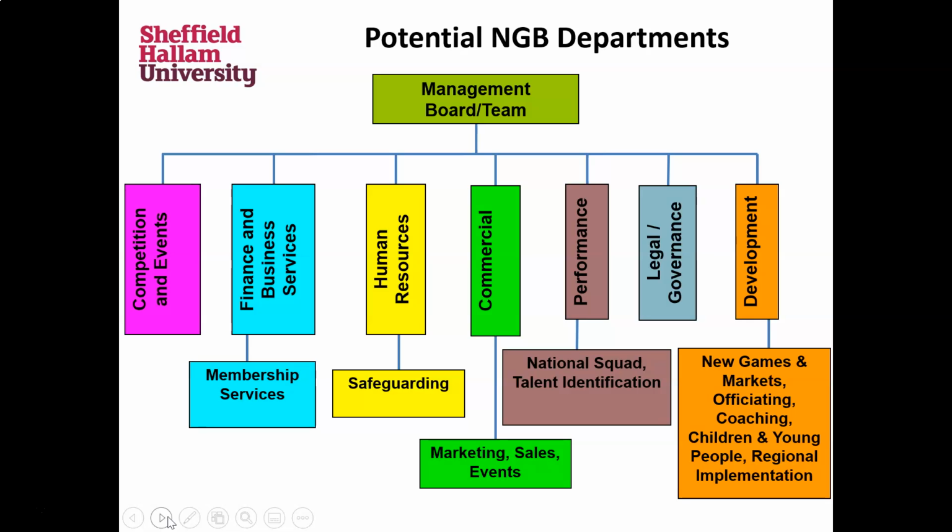An NGB's functions might look like competition and events, financial and business services, human resources, commercial, performance, legal governance and development. So we would need to adapt our templates for functional analysis to reflect these different functions that a national governing body would have from a typical business.